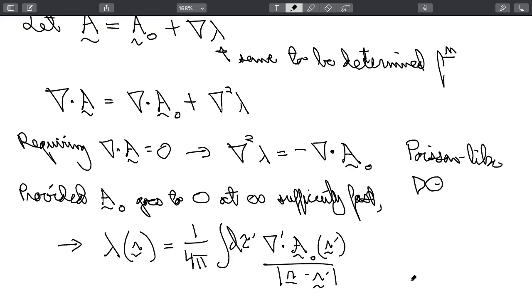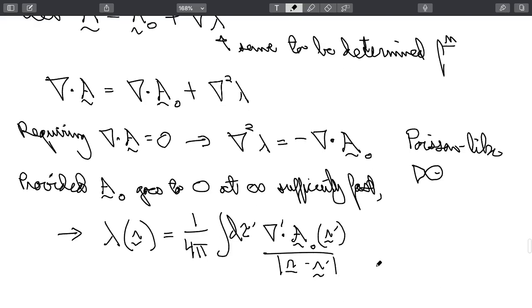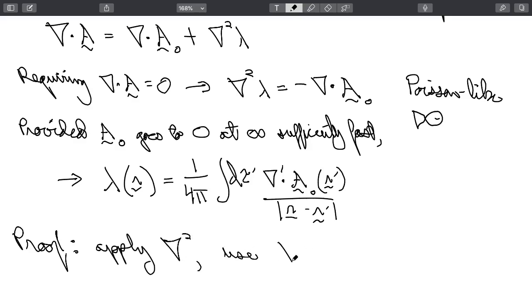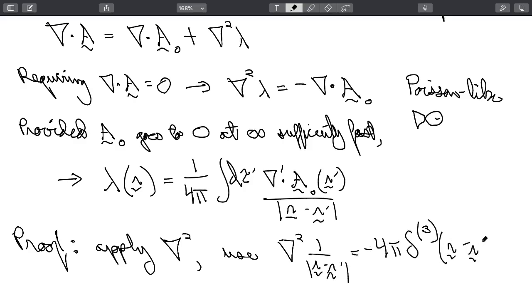Okay, so that's just one thing. If you want a proof of this, apply the Laplacian, and then you can just use that the Laplacian of 1 over |r minus r prime| is just, once again, minus 4 pi times the 3D delta function of r minus r prime.